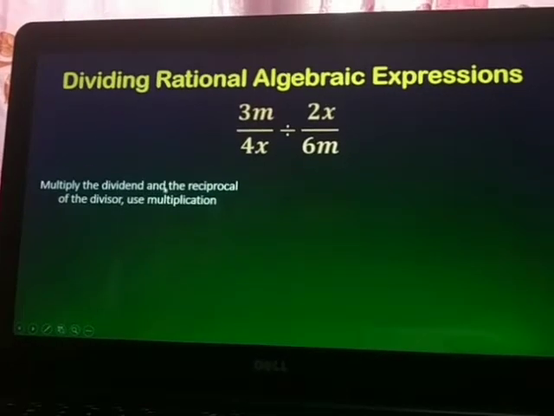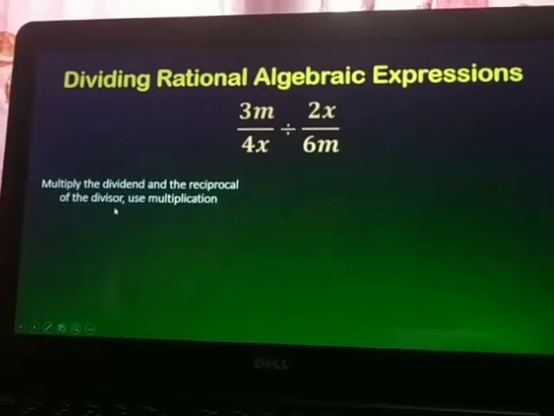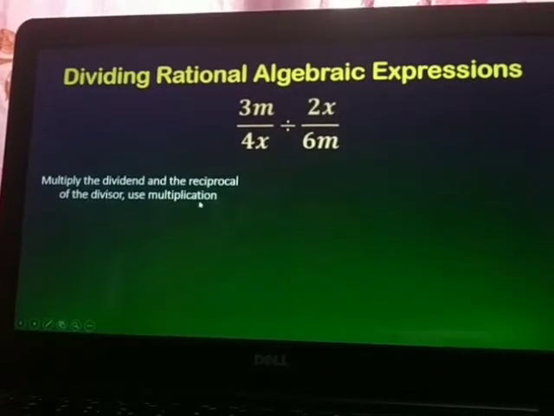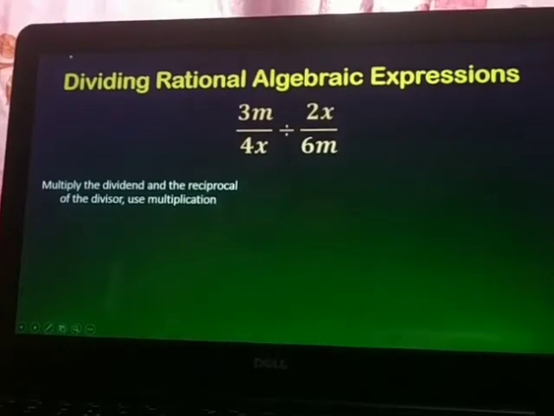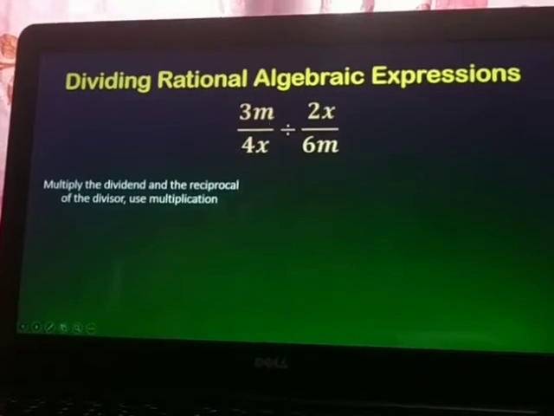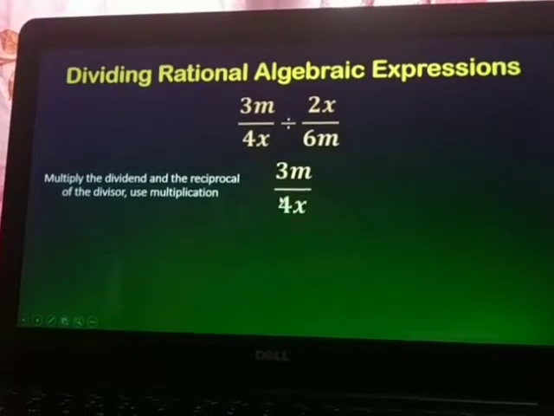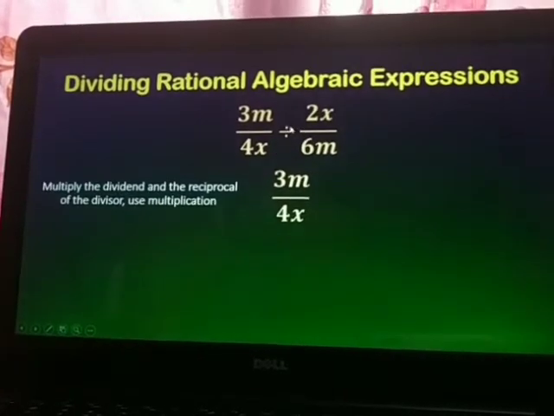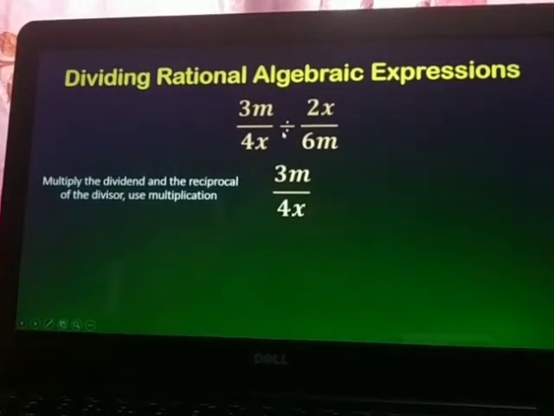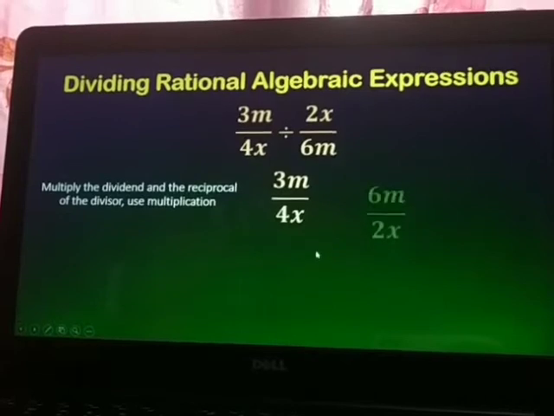Multiply the dividend and the reciprocal of the divisor. Use the multiplication process. So first thing is to copy your dividend, which is 3m over 4x. Copy, and then proceed in multiplication. Change your division operation into multiplication.